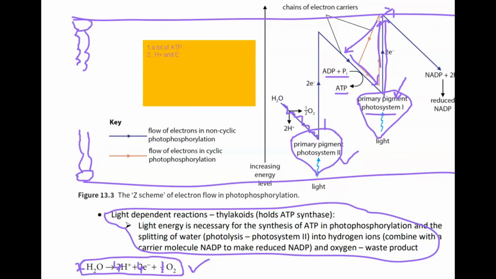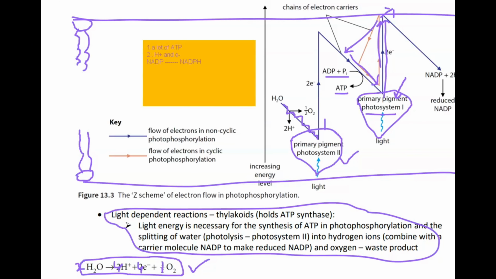And you know that the carrier of these protons and electrons is NADP. So NADP is the carrier of protons. So it will become reduced NADP, NADPH. So it will become reduced, right? So this is a product of the light dependent reaction.